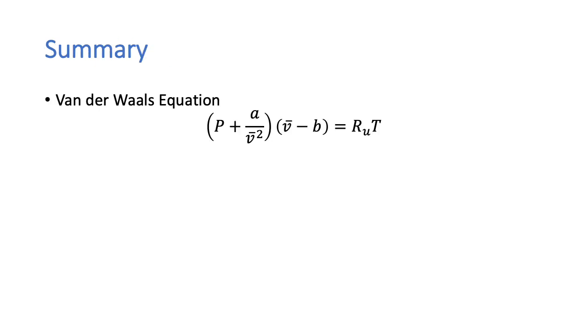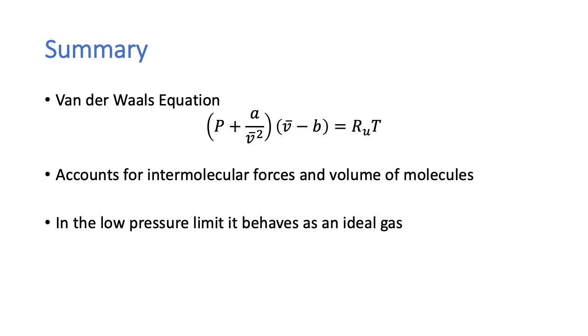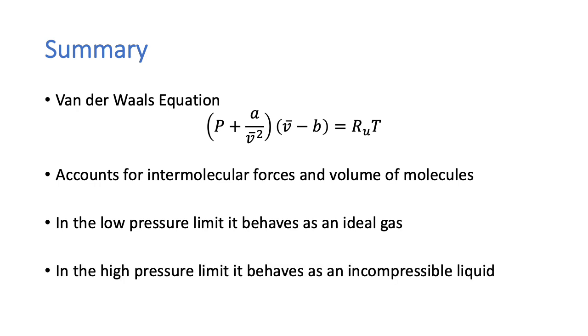To summarize, we have derived the van der Waals equation, (P plus a upon V bar squared) times (V bar minus b) is equal to RuT. This equation accounts for intermolecular forces and the volumes of molecules. In the low pressure limit, it behaves as an ideal gas, and in the high pressure limit, it behaves as an incompressible liquid.